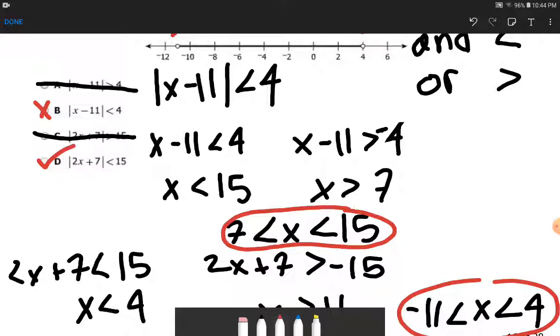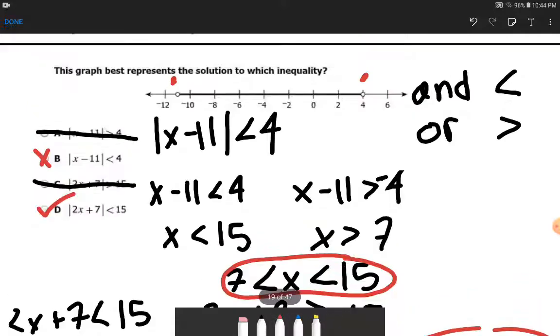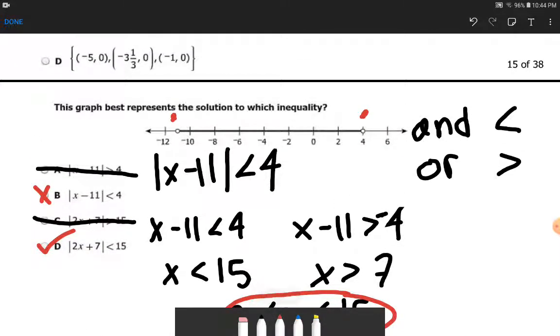Now the second method, we could substitute numbers in. So we look at the graph, and the shaded area is where the equation would be true. So we're going to substitute one number that should be true and one number that is not true. So for B, let's substitute in 0 and 6.